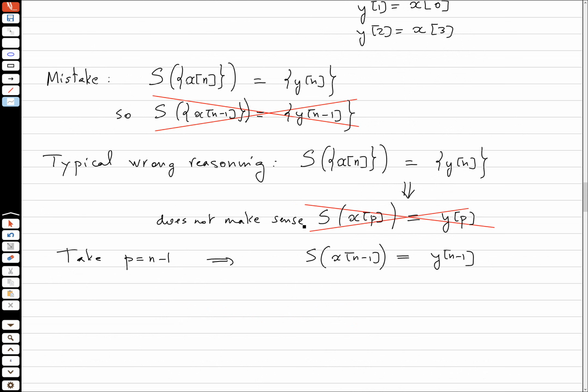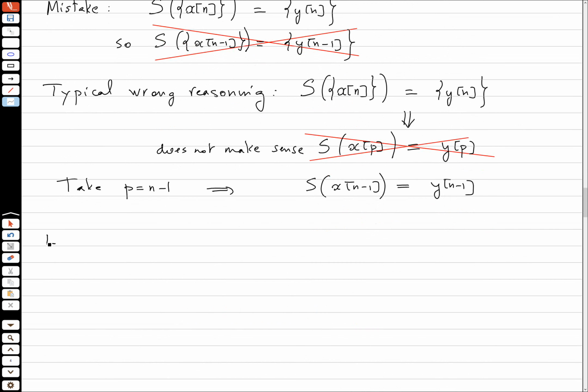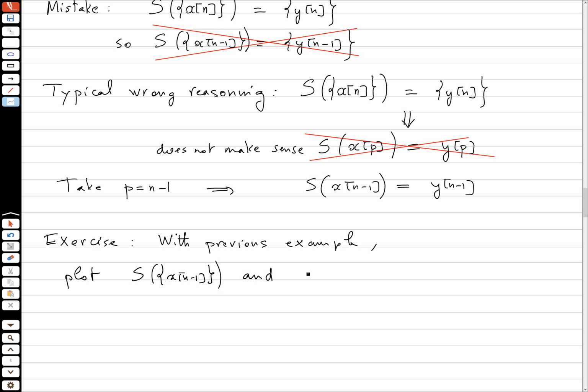But just for the sake of the exercise, with the previous example, let's plot S of x of n minus 1 and y of n minus 1. Let's plot these two, just for the sake of it.